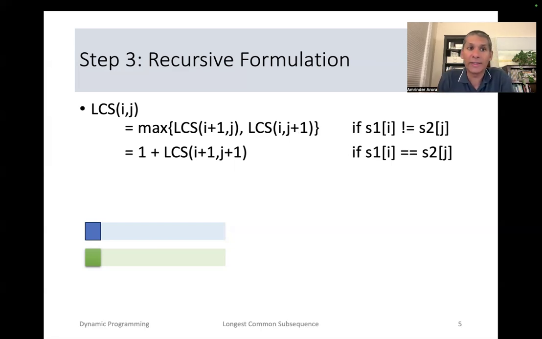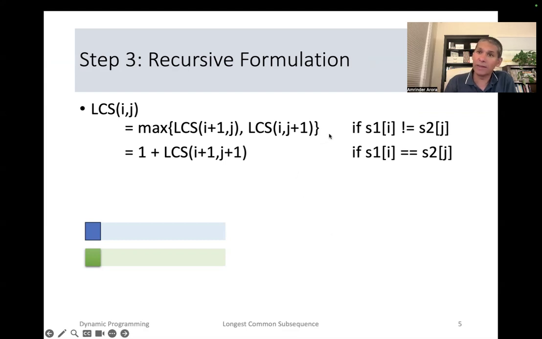We can observe that if the first letter is the same, S1[I] equals S2[J], the first letter within our available sequence, then we will simply take 1, counting that common character, and compute LCS(I+1, J+1). That's the condition listed over here.